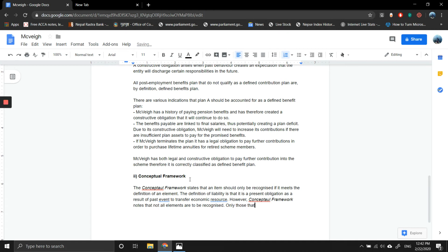Only those that provide the relevant information and a faithful representation of the underlying transaction is recognized, right?